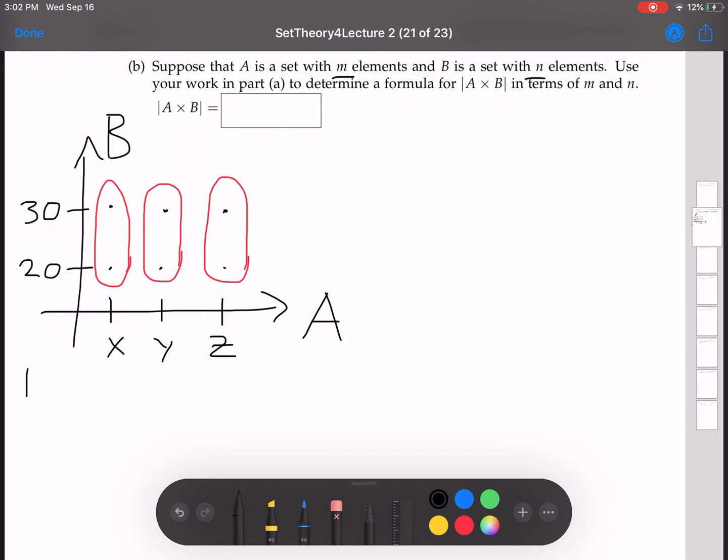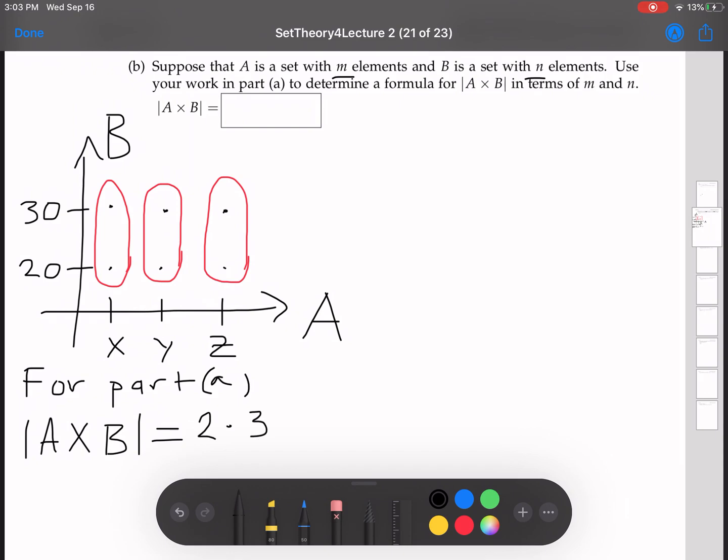Let's say for part A, this equals all, right, so two times 3, which is 6.